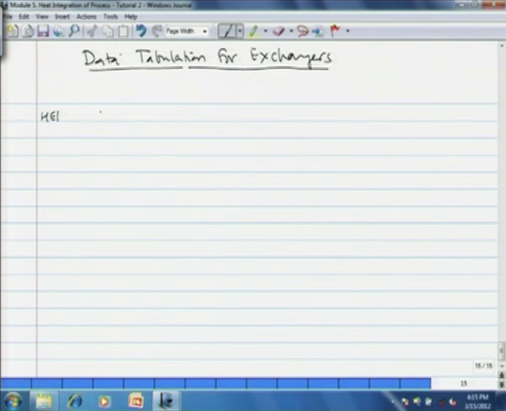HE1, the entry temperature of hot stream, that we denote by TH1, 600 degrees, exit temperature TH2. So, here I write entry, exit for hot stream 520.